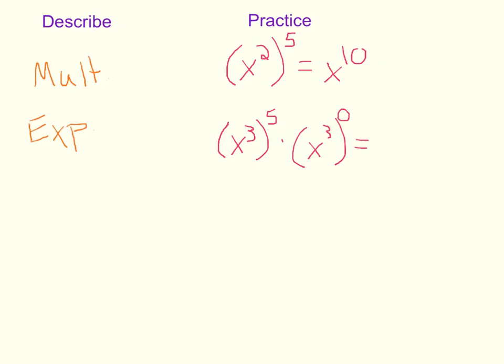Well, we would multiply exponents here, so this would be x to the 15th times x to the power of 3 times 0, which is 0, and anything to the 0 power is just 1, so really this cancels out and you're left with just x to the 15th.